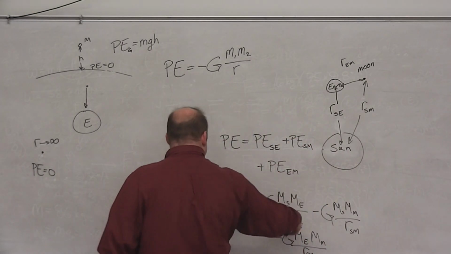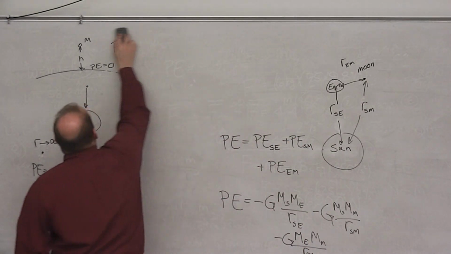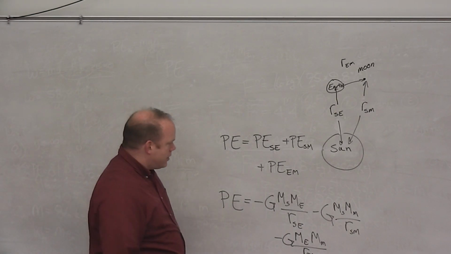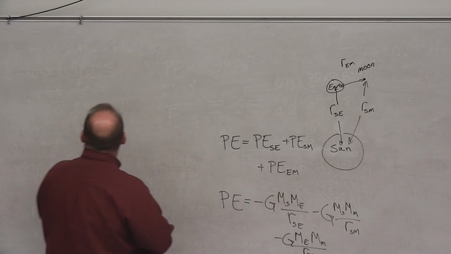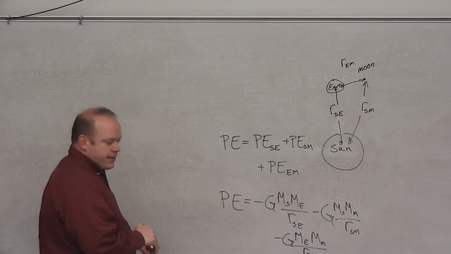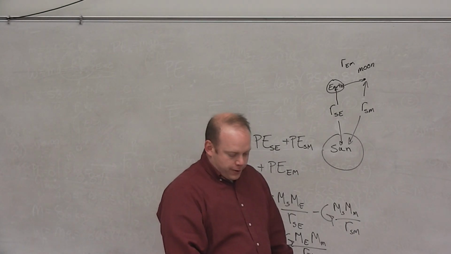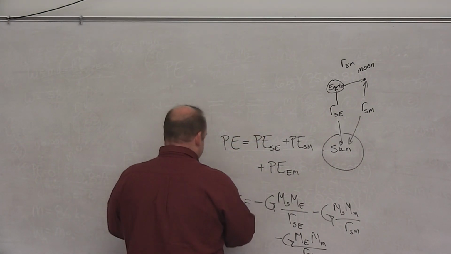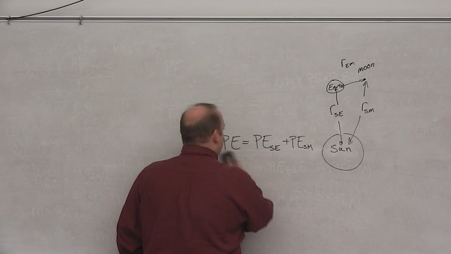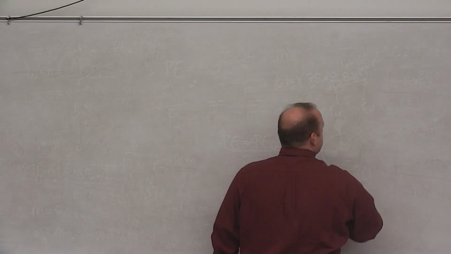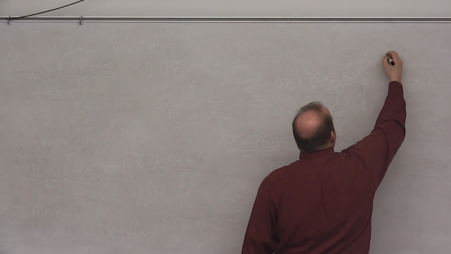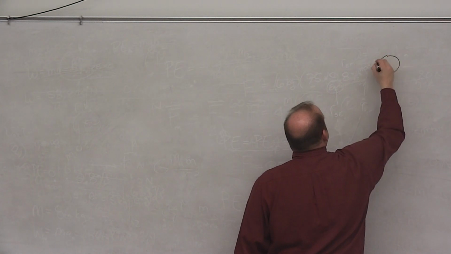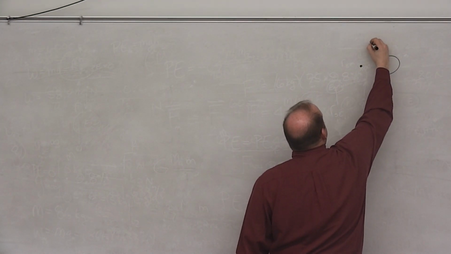A quick proof of potential energy. I'm not going to go through a proof of adding these together, but just a proof of the fact that potential energy is equal to negative G m1 m2 over R. So now, let's say we have an object that we're going to move from a planet, starting out a distance R away.